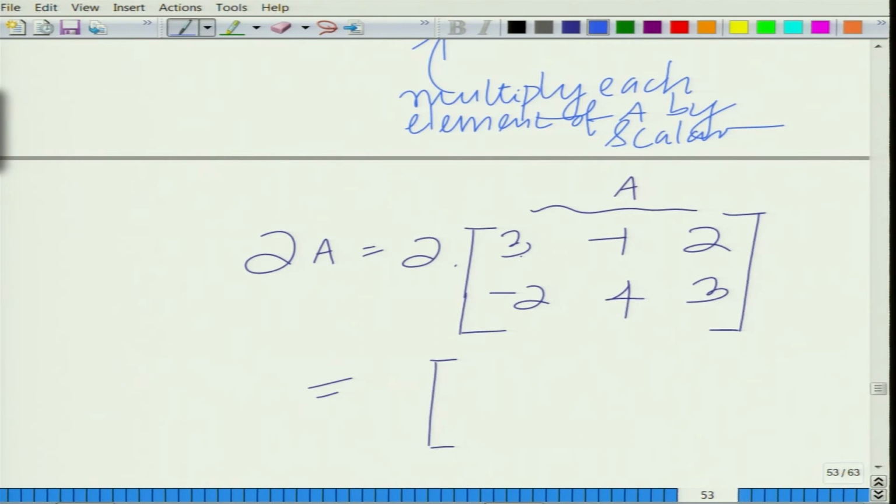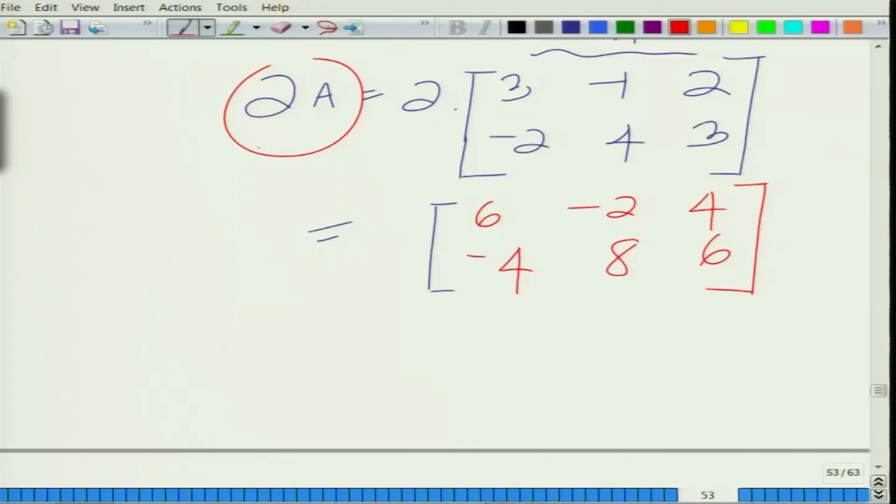So, that will be 2 times 3, 6, minus 2, 4, minus 4, 8, 6. So, you take each element of A multiplied by that scalar quantity, which in this case is 2. So, that is the property of scalar multiplication of matrices.